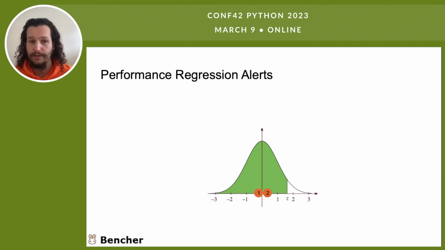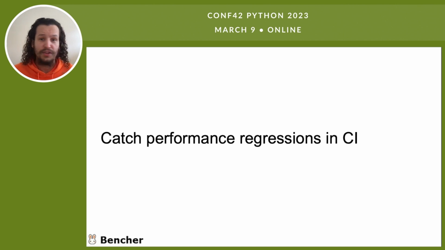But that third Fibonacci, right, is going to be all the way out in the extreme. And you set a threshold in Bencher, and if anything's outside of that threshold, which more than likely that naive Fibonacci implementation would have been, then that is what triggers the alert. So that helps you catch performance regressions in CI. Instead of you manually having to do it yourself, you're able to have CI do it for you and rely on that to catch it.